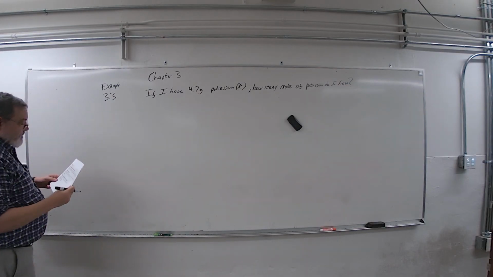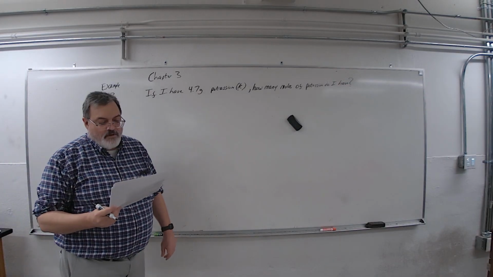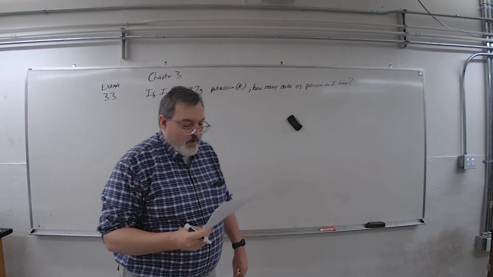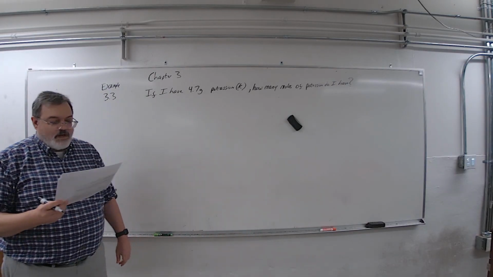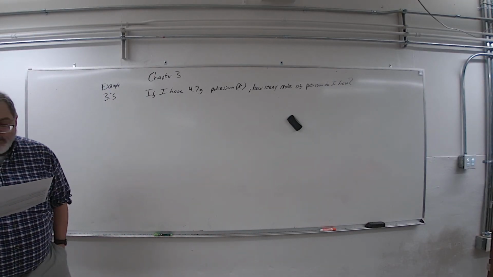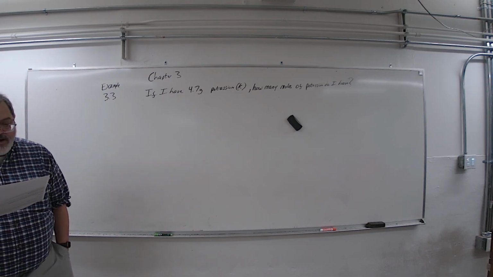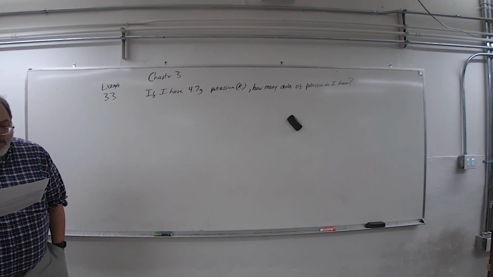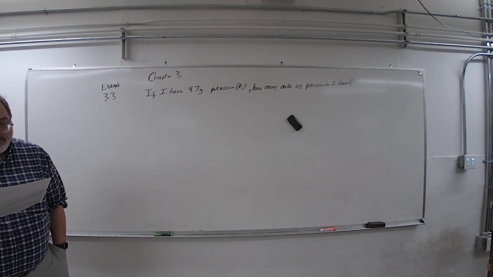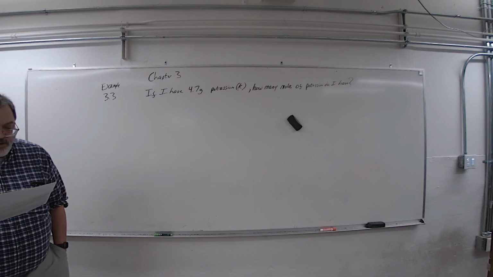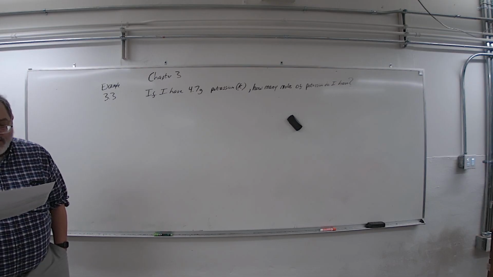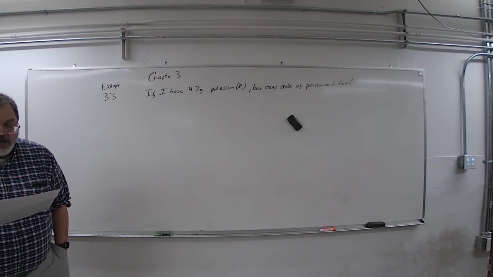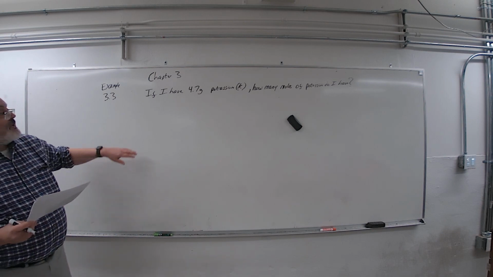This says, according to, usually the first sentence of these is a throwaway sentence. According to nutritional guidelines from the U.S. Department of Agriculture, the estimated average requirement for dietary potassium is 4.7 grams, period. What is the estimated average requirement of potassium in moles? But that's the same thing.